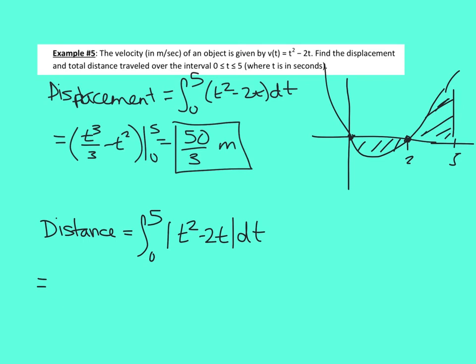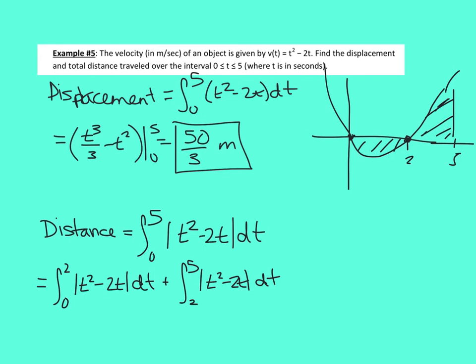We're going to do the integral from 0 to 2, the place where it's negative, of this, plus the integral from 2 to 5 of this stuff. It's really important that you split this up into 2, otherwise you're going to get a strange answer.